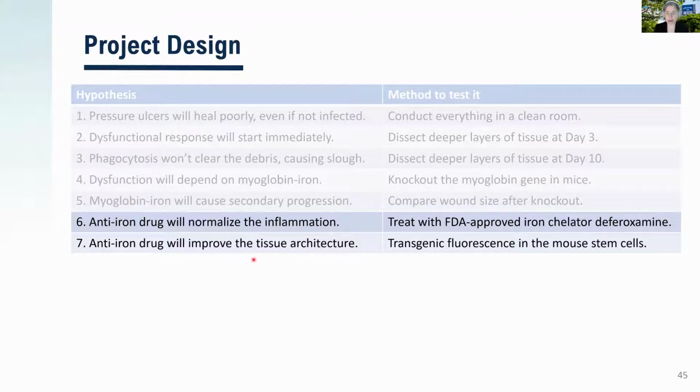The mice have a gene that can turn on fluorescent protein expression, but only upon induction, and it's only induced in satellite cells, which are the stem cells of muscle. The mice are born and there's no fluorescence. They grow up to adulthood, there's no fluorescence, and they have well-formed muscle.